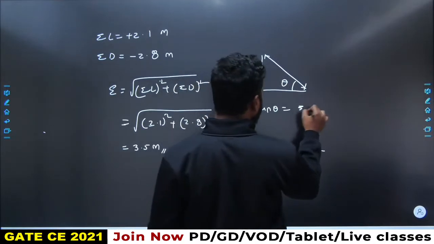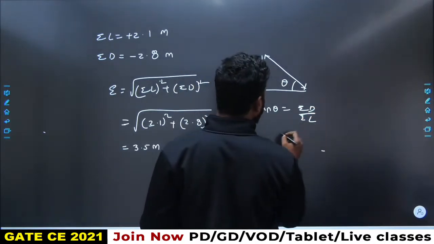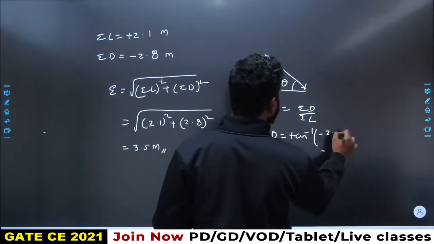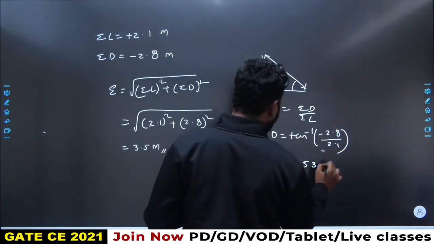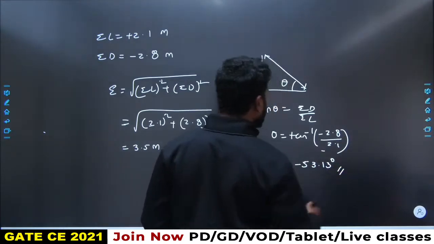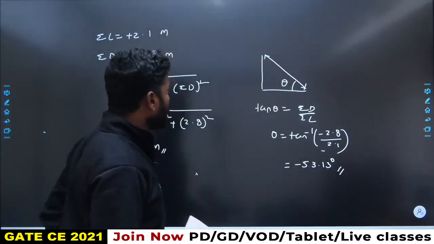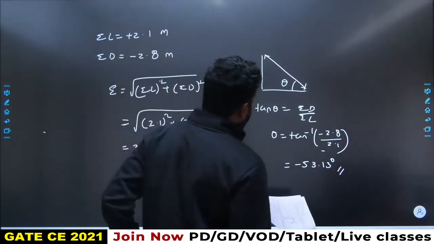So theta equals tan inverse of minus 2.8 upon 2.1, that is equal to minus 53.13 degrees.